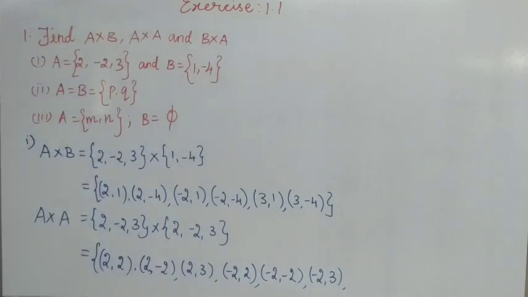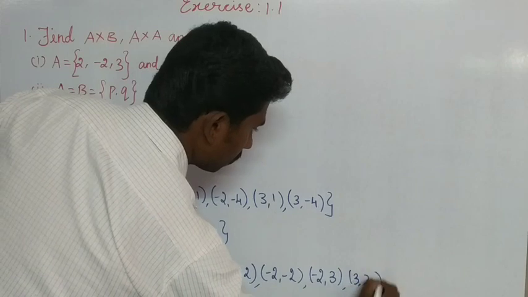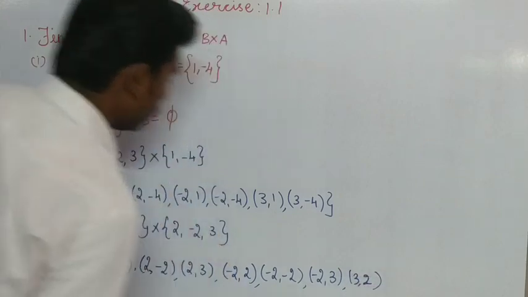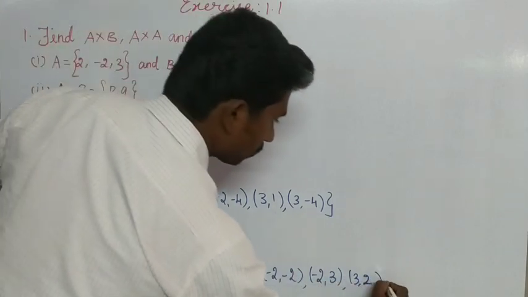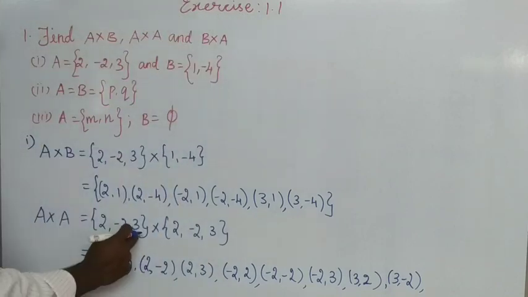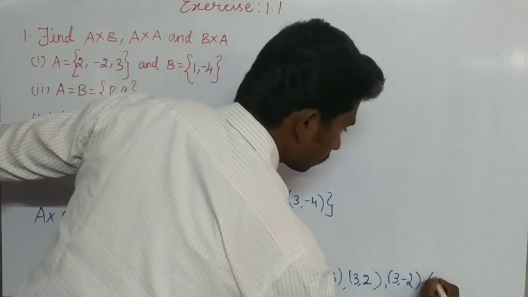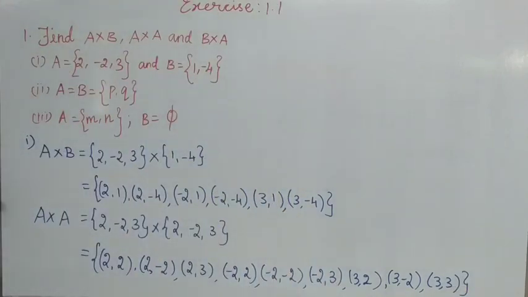Next, third element in the first set with all the elements in the second set: 3 comma 2, next 3 comma minus 2, next 3 comma 3. So these are the Cartesian product of A cross A.